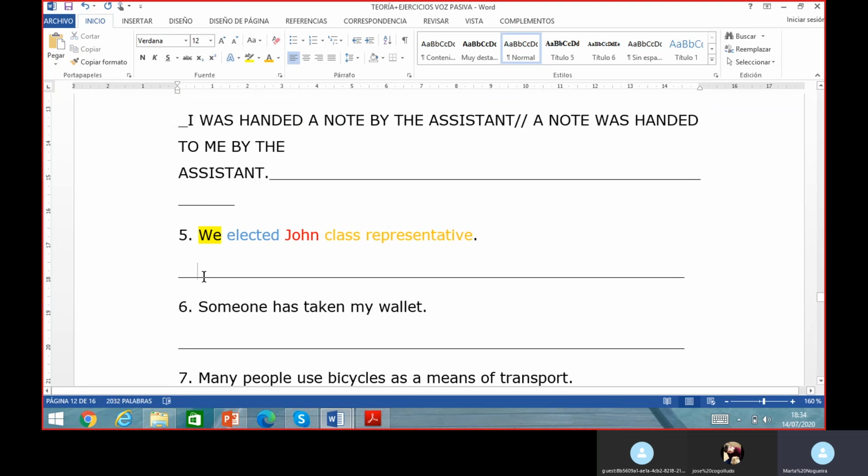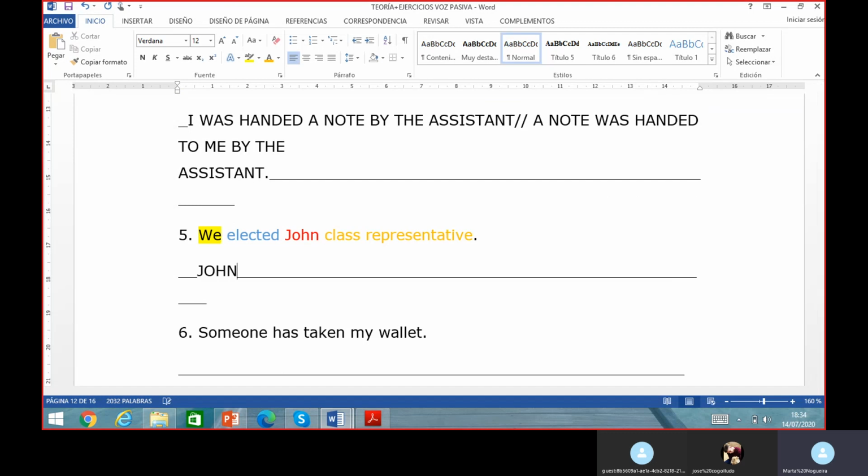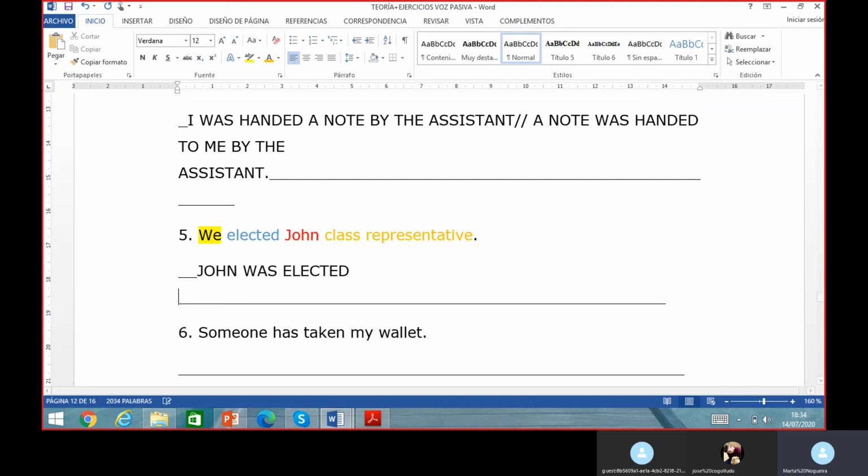Class representative, this complement is called predicativo in Spanish. Okay, just if you're interested in syntax. So John was elected class representative by us, or simply was elected class representative.